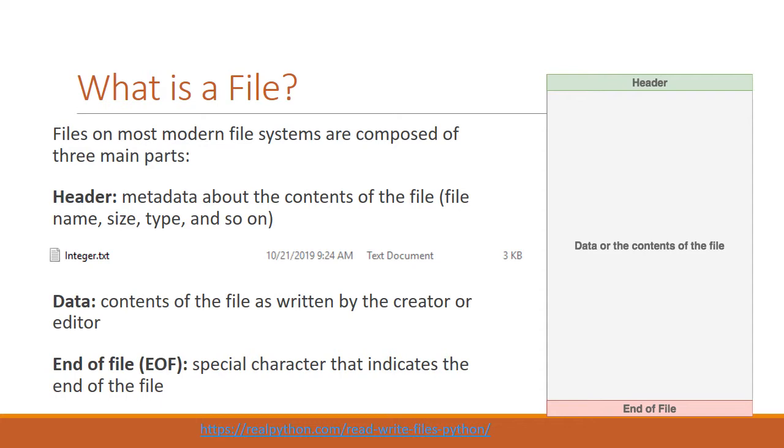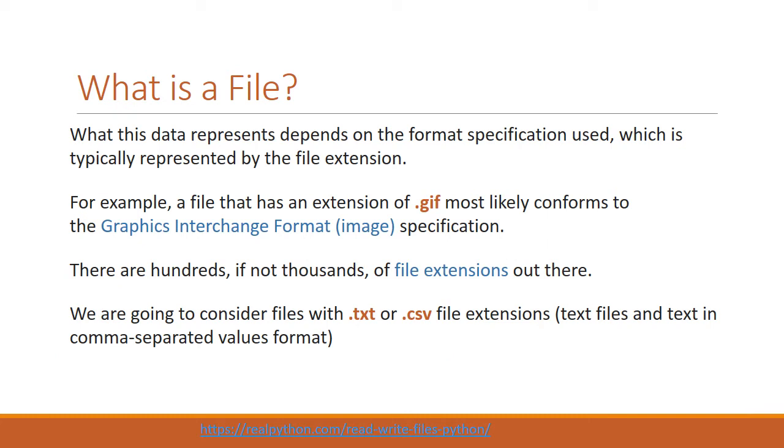of the file. What the data within the file represents depends on the format specification used, which is typically represented by the file extension. For example, a file that has an extension of .gif most likely conforms to the graphics interchange format or image specification.